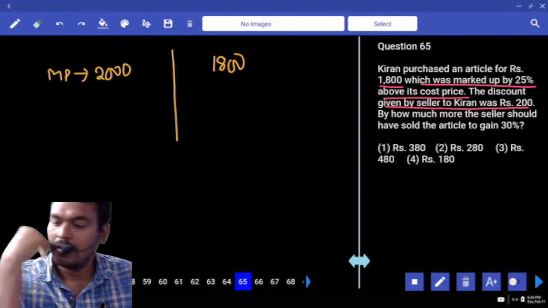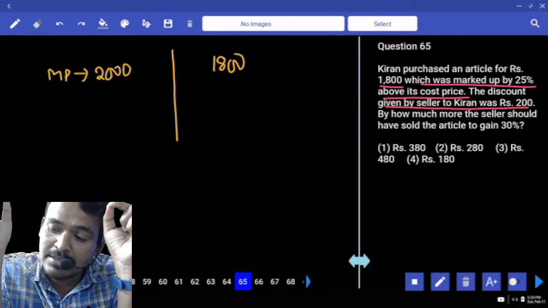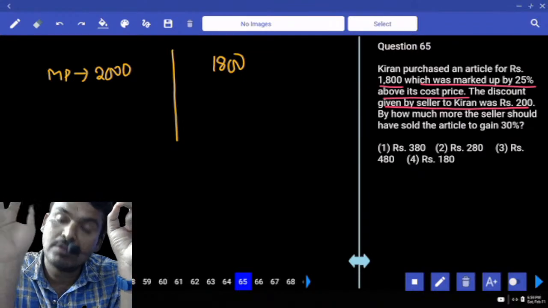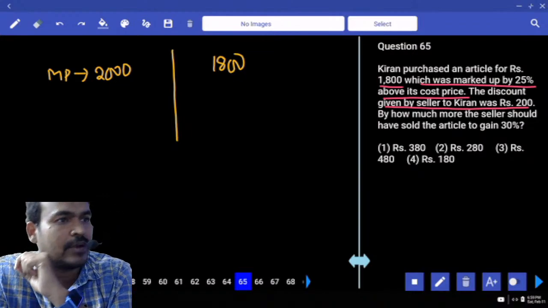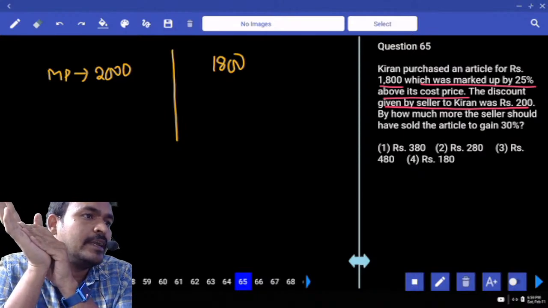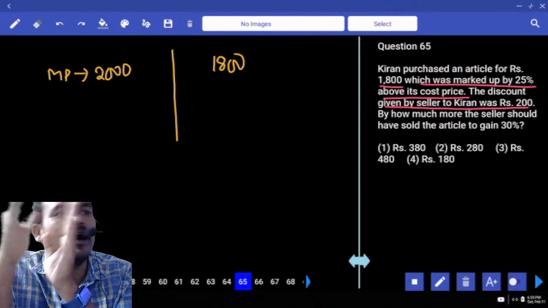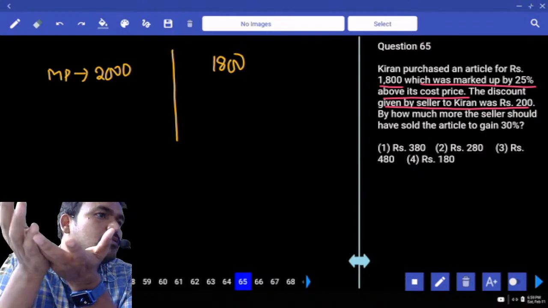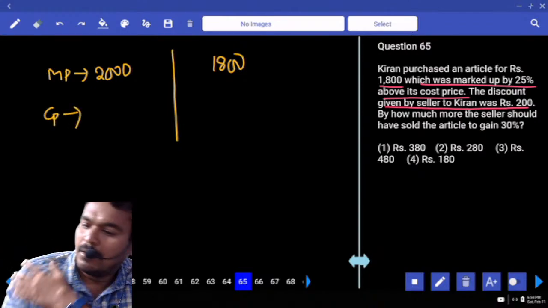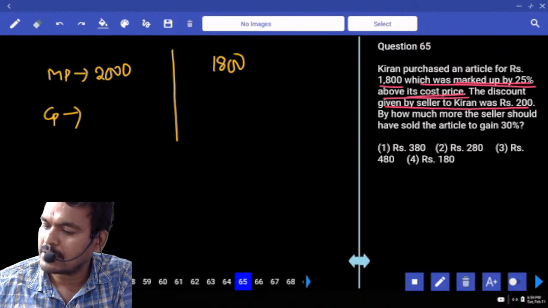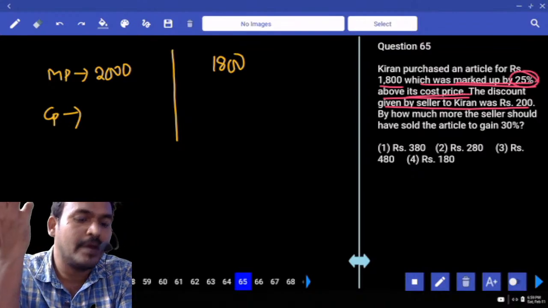The discount given by the seller to Kiran was 200. The seller sold the article to Kiran for 1800, which is after discount, so before discount it is 2000. Market price compared to cost price is 25% above.